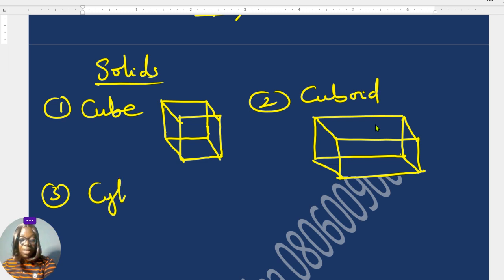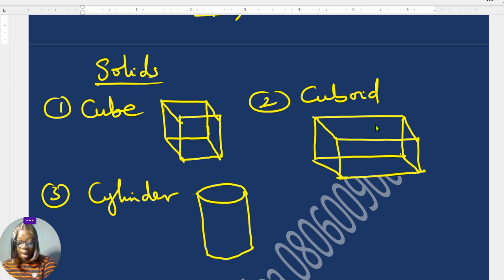We also have a cylinder. A cylinder is a shape that your cup has. Another example of a solid is cone.